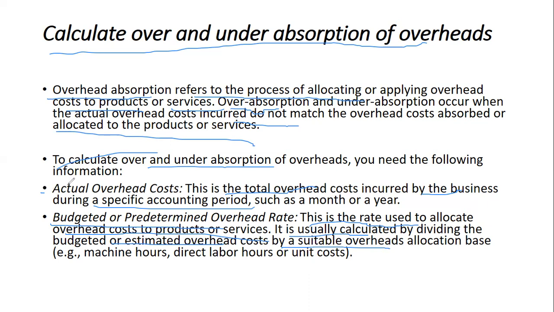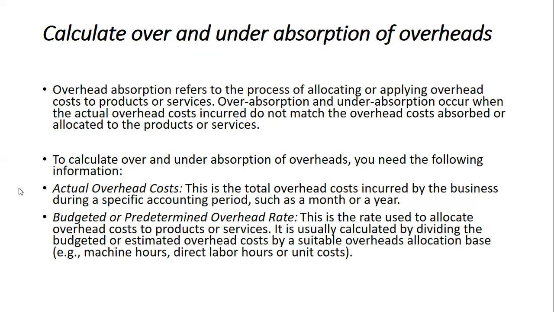Then this brings us to the end of absorption costing. Very important: absorption costing is the method of costing that includes all the production costs used or incurred to produce certain units of goods.